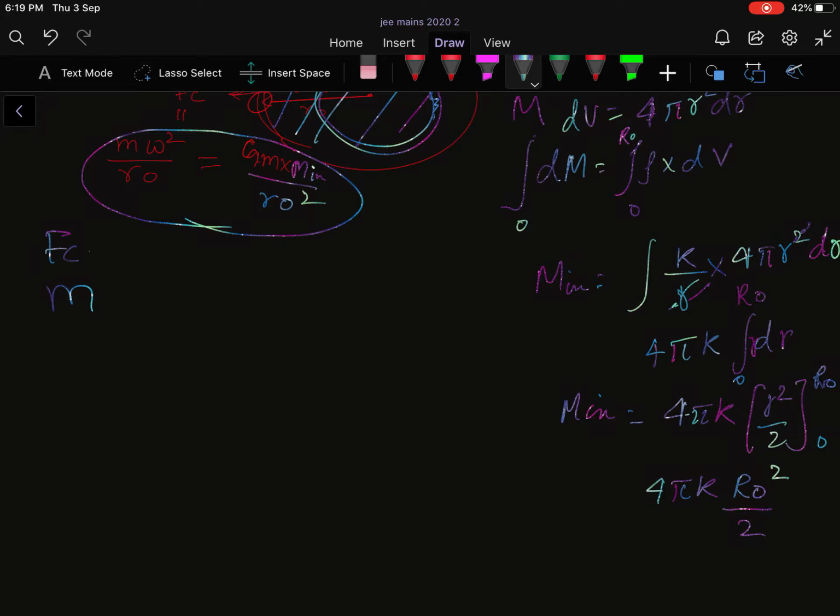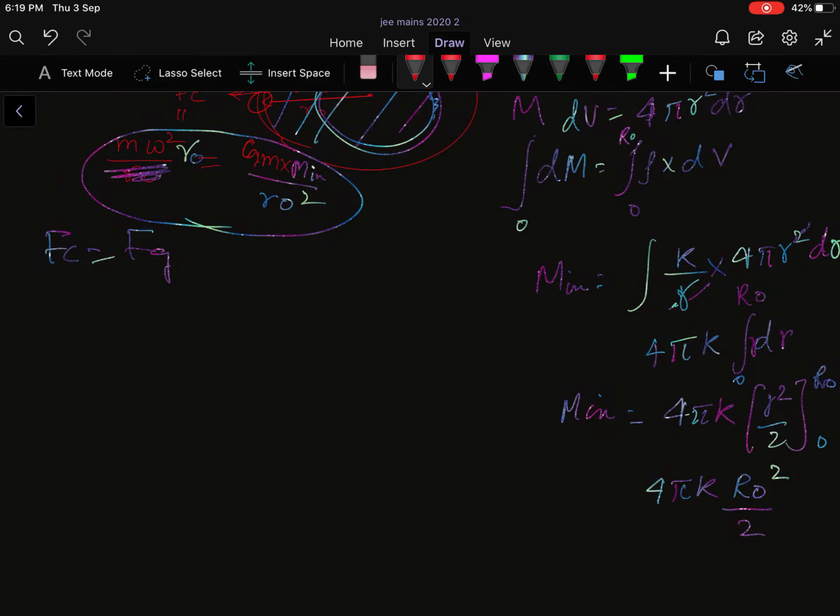So F centrifugal equals F_g. Mass times v square by r, so it will be m omega square r0.